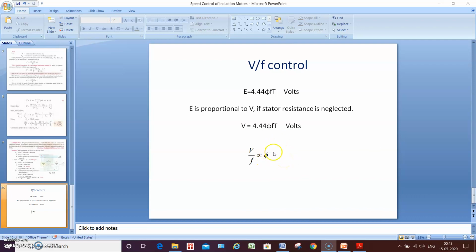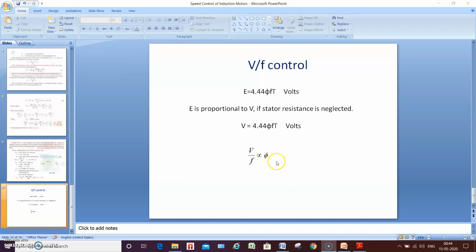But at the same time you need to control the speed of the motor. Keeping the flux at a constant value is not directly possible, because measuring the flux and applying closed loop control to the induction motor is very difficult.